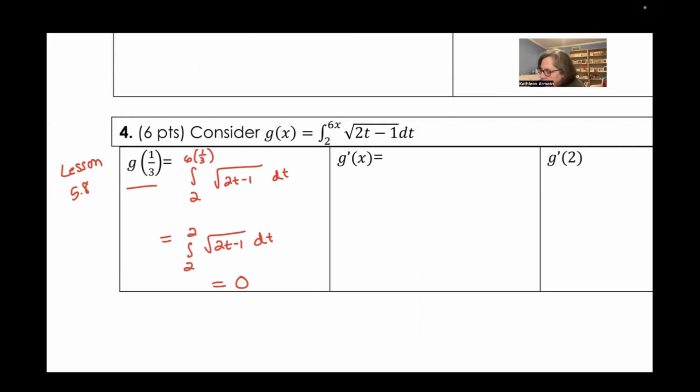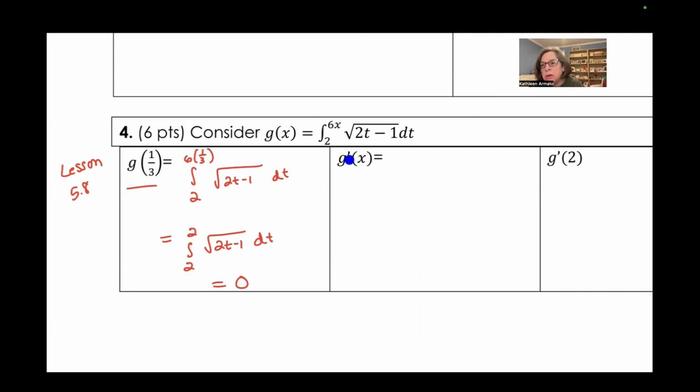Anytime you have a function defined with an integral and you want the derivative of that function, it really turns out to be pretty easy. You just take your limit of integration and you replace t with it. Because essentially here you would be integrating the square root of 2t minus 1, and then when you take the derivative, you get that back.